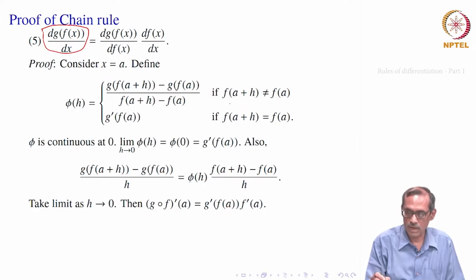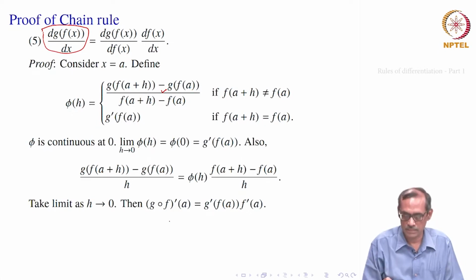So, once that applies, this divided by h would give phi of h times f of a plus h minus f of a by h. It is just applying this formula whenever f of a plus h is not equal to f of a.